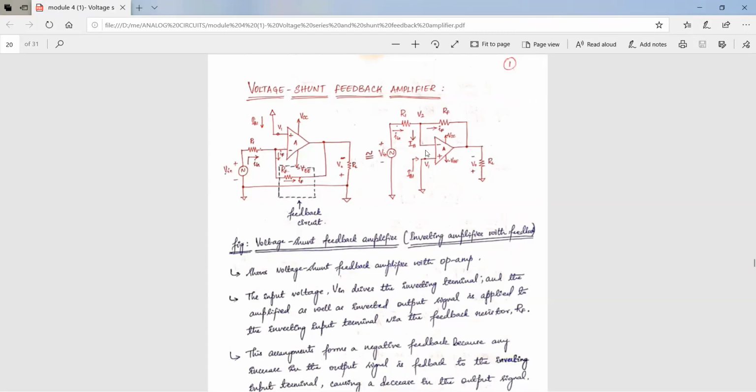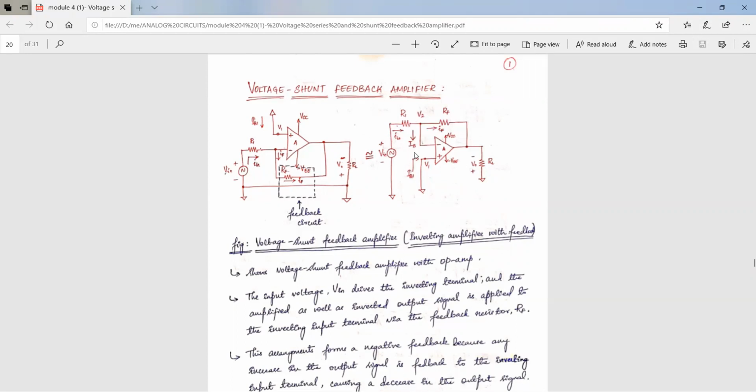Since the input current to the op amp is equal to 0, or negligible, we will make it almost equal to 0. So the same current that is flowing through R1 will flow through resistor RF also.